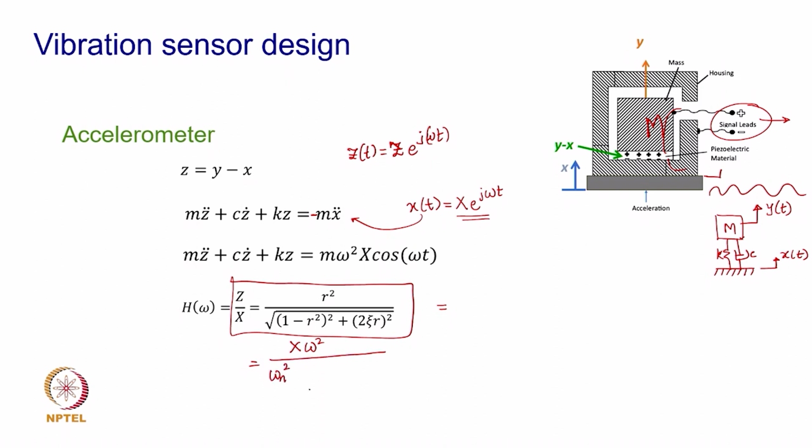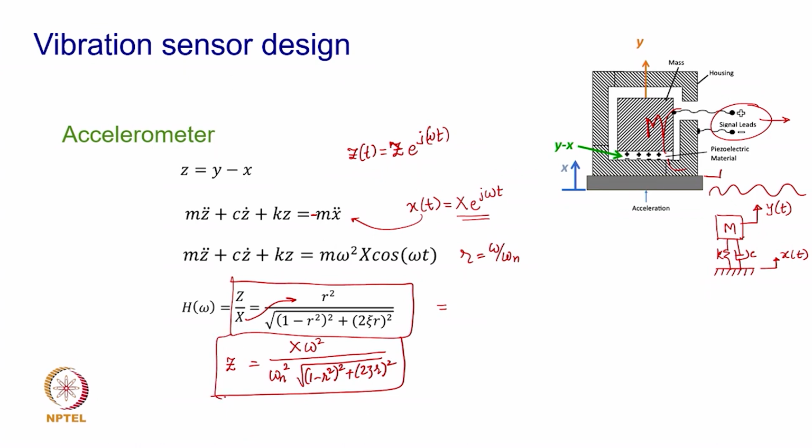So I can keep omega square in the numerator, take omega n square in the denominator, and all the terms in the denominator are as they are. And this is basically capital Z. So I am taking this X to the right hand side in the numerator, and with r equal to omega over omega n, I am able to write this equation.